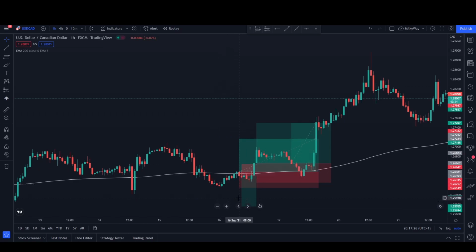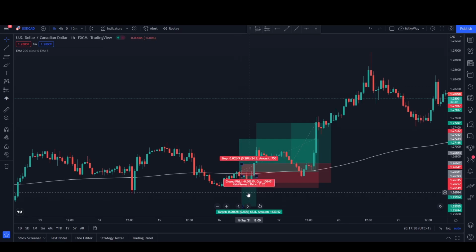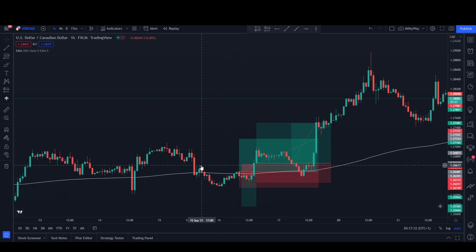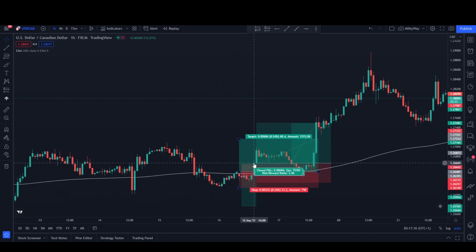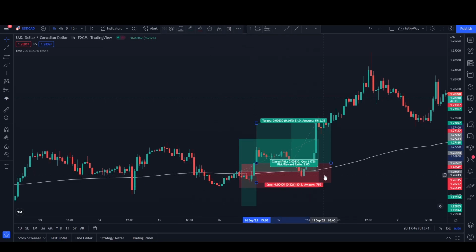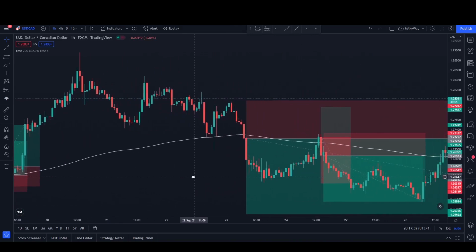However, it crosses again, but to the downside. So we take a loss right here because the last swing was here, but we take a long again on that big bar. We put the stop loss at the last swing, and we aim for a 1:2 risk reward ratio. And then moving forward, it crosses again to the downside.